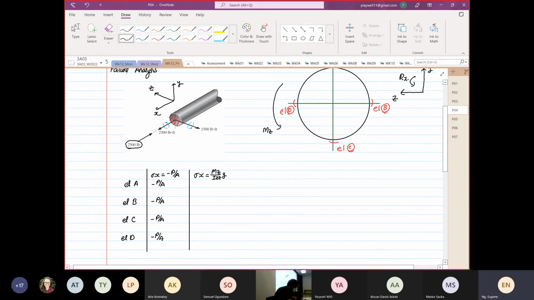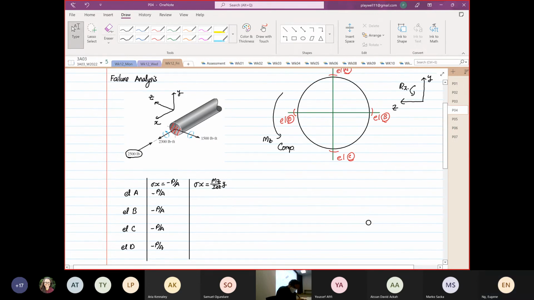Okay. That is our moment about z. That's the advantage of using what I've just taught you. Mz, the head will be compression, the tail end will be tensile. You don't need to worry about the formula, you know.